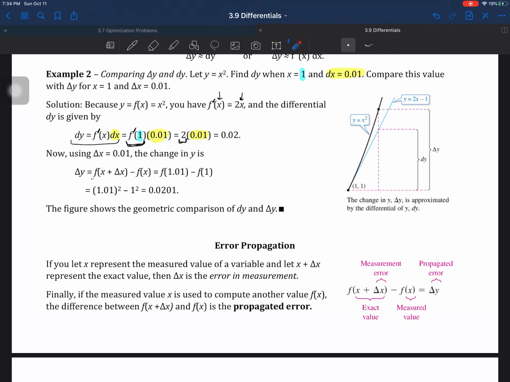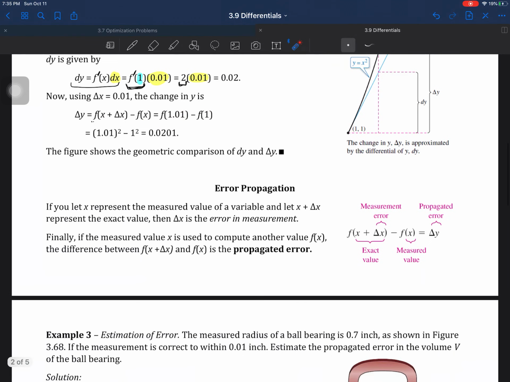So 1 plus 0.01 is 1.01, and then you plug it into the function, which is a square function, followed by the minus f of x, plugging in x is 1. So f of 1, well, f is the square function, so we square that 1. Simplify that, and that gives us 0.0201.